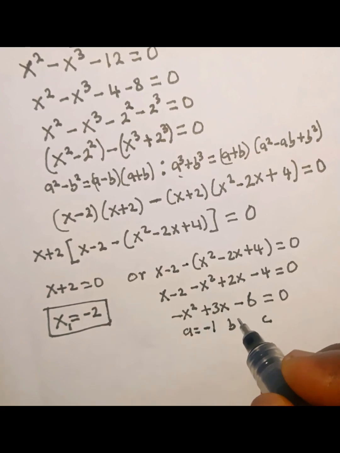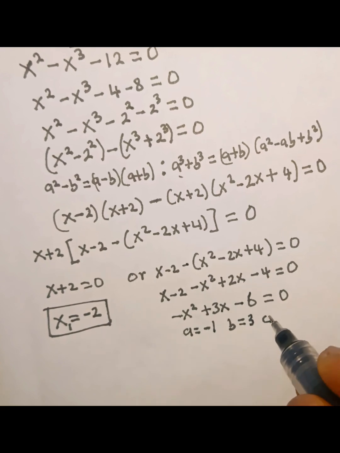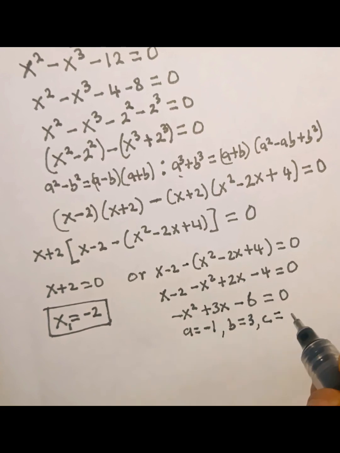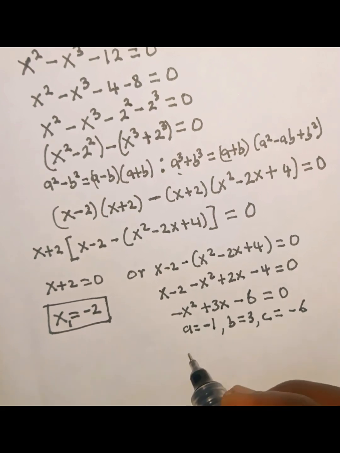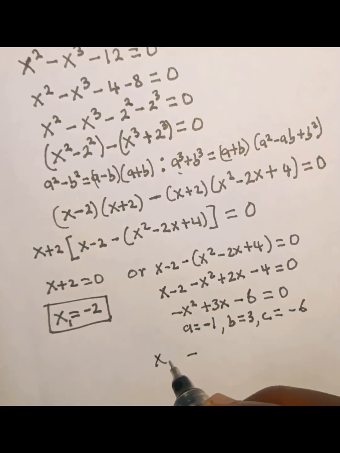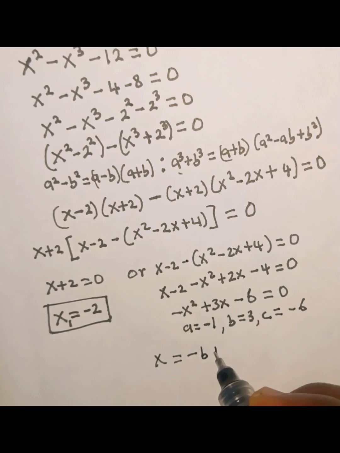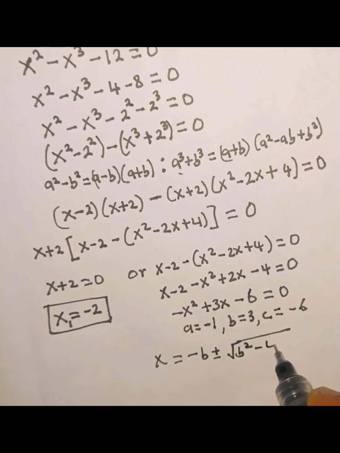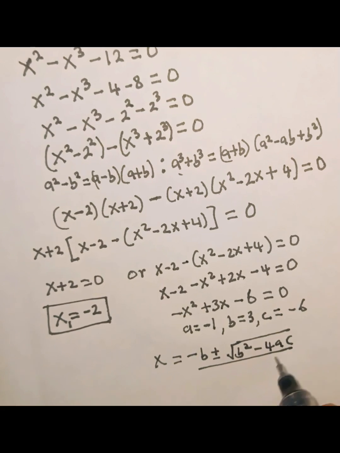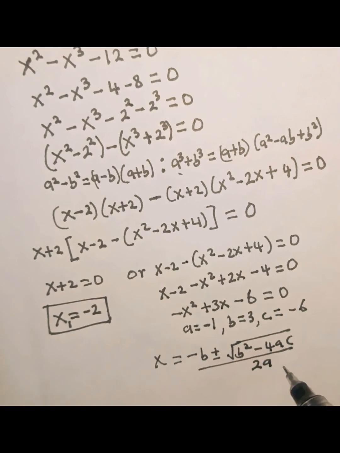B is the coefficient of the middle term, which is 3, and c is the constant, and the constant is -6. Now let's write the formula. The formula is given as what? X equal to minus b plus or minus square root of b square minus 4ac, everything over 2a.